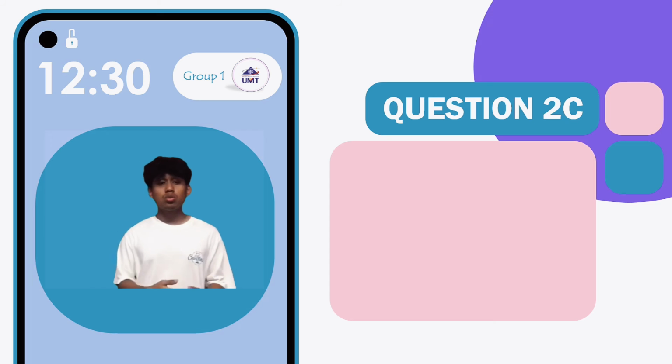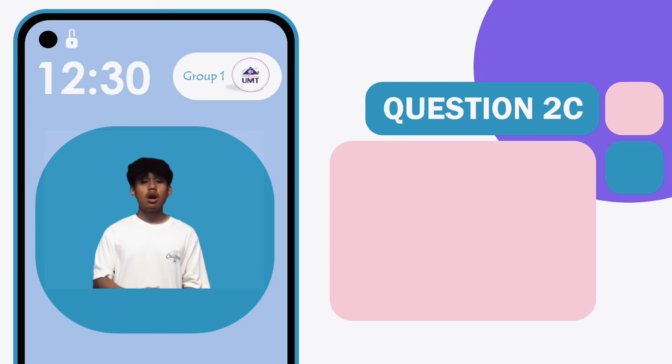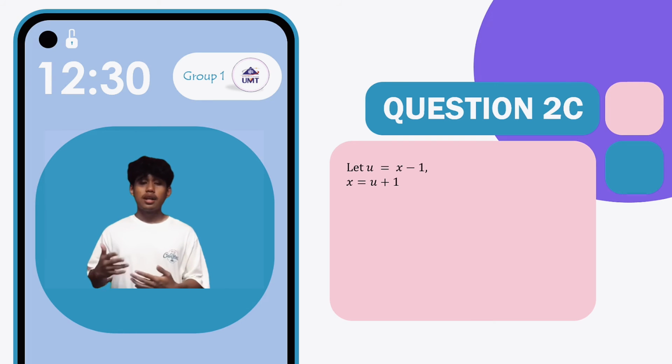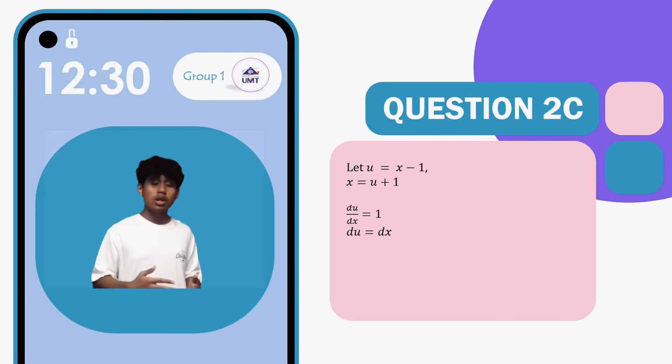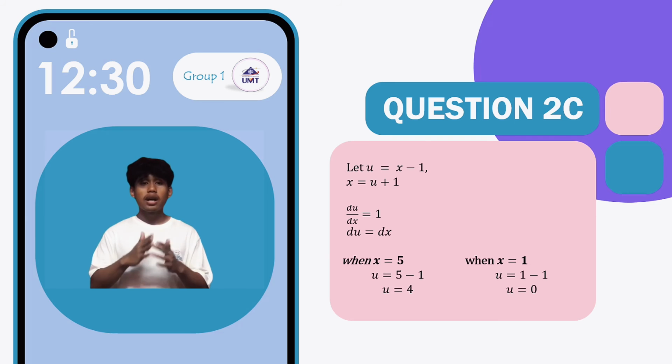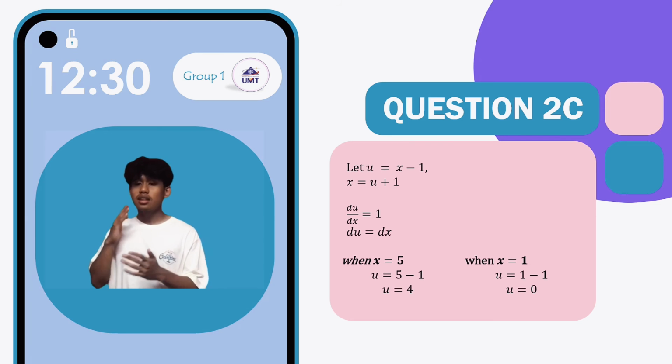The next step is integration by substitution, or change of limits, by letting u equal x minus 1. Then we differentiate to get du over dx equals 1, so du equals dx. After that, we find the u values by using the same equation, substituting x equals 5 and x equals 1.